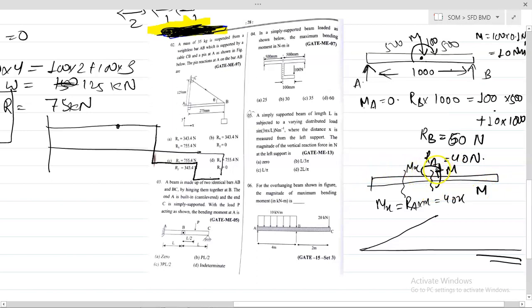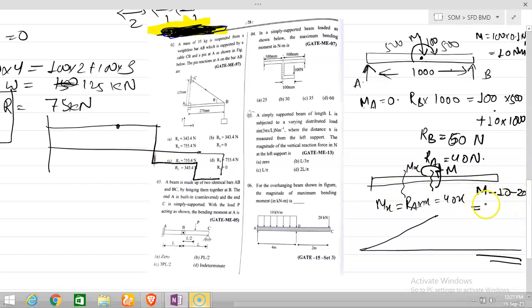So the couple is in negative direction, negative 10 and minus 40 into L by 2, that is 20. So the value of M is equal to 30. So up to here it is 20, then I am going to 30, and now again it will fall linearly. So your maximum bending moment is 30 Newton meter. So the answer is 30 Newton meter. I also explained this type of problem in my lecture when bending and shear force diagrams were explained.